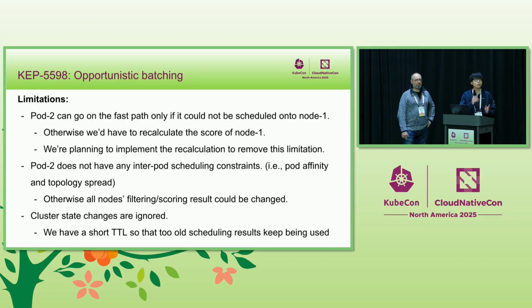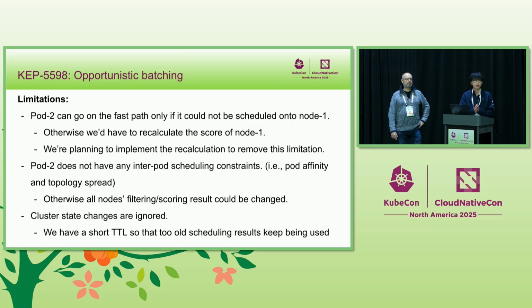Because after putting pod 1 onto node 1, node 1's score might change, right? So basically we have to recalculate the score if we want to support it, and that's actually on the timeline.